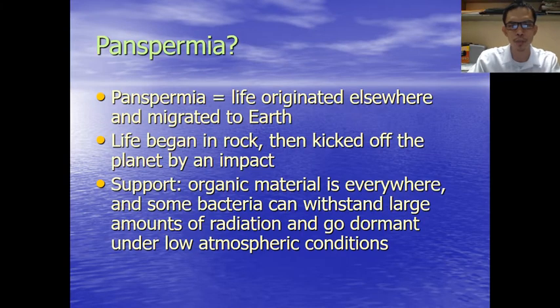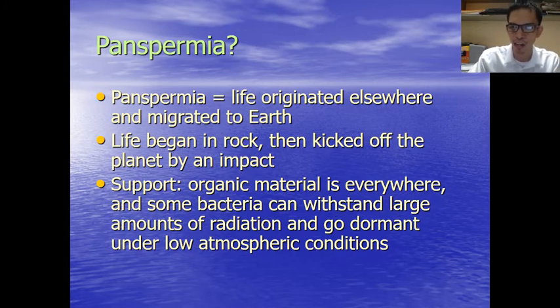And what is panspermia? Panspermia is the idea that life originated elsewhere and migrated to Earth. So it migrates, meaning to say that life here on Earth comes from an extraterrestrial origin.